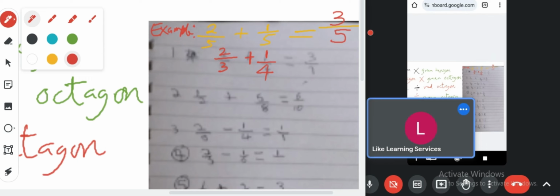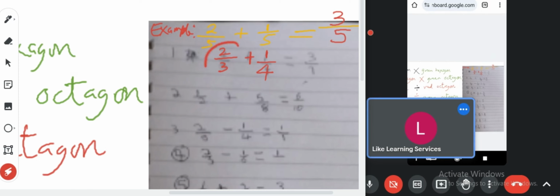We need to make sure that the denominators are the same. We need to make sure they are what? The same. One denominator is 3. The other denominator is 4. So we need to make sure they are the same.